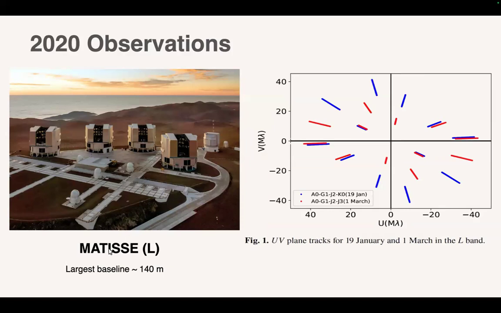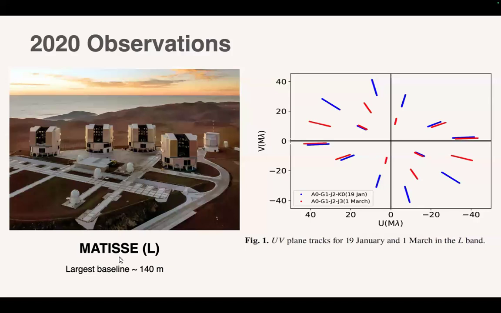In any interferometer, you get a fringe pattern, which is produced on something known as a beam combiner, which is just a fancy way of saying that you take light from all of the telescopes and produce a fringe pattern, record it, and then using the fringe pattern, you work backwards to figure out what the source looks like.